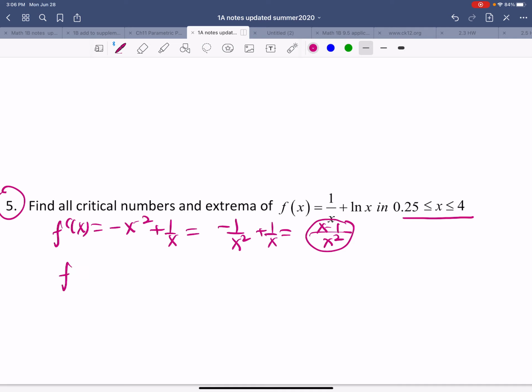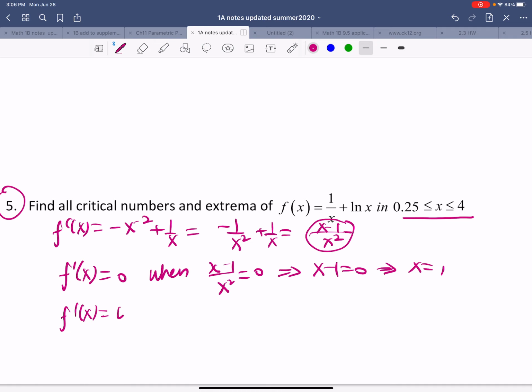So this derivative, f prime of x, is equal to 0 when x minus 1 over x squared is 0, which gives me x minus 1 is 0, which gives me x is equal to 1. And f prime of x is undefined when the denominator becomes 0, so when x is equal to 0.